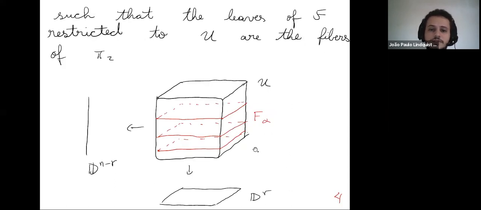So a drawing to illustrate this. This is U, and the F_alphas are the leaves restricted to U. So the foliation here is given by this submersion.